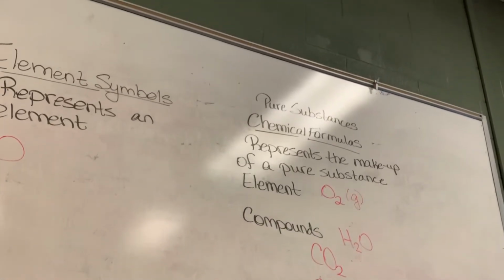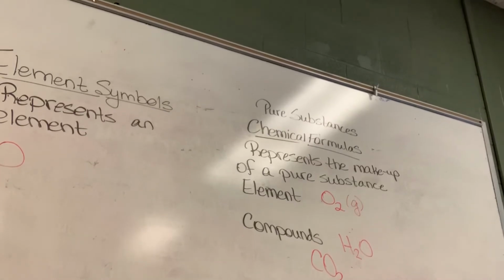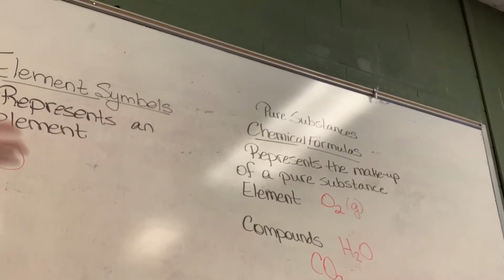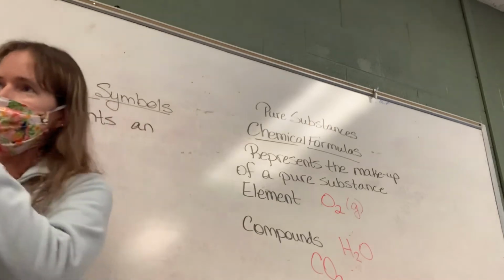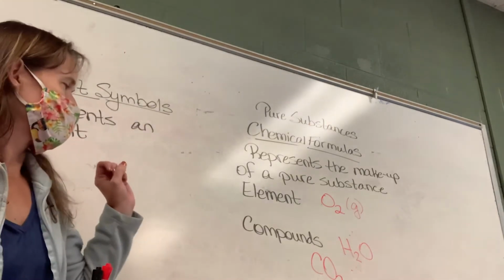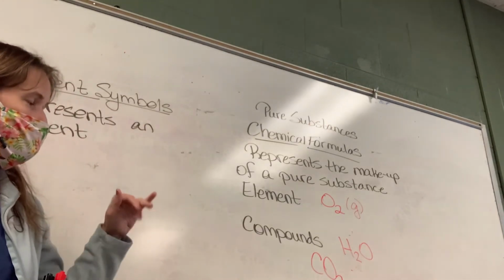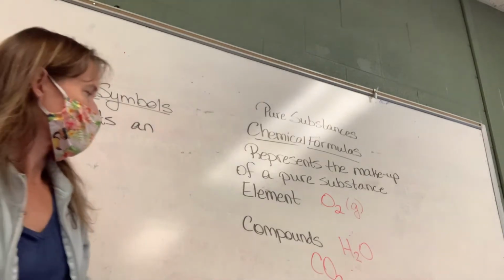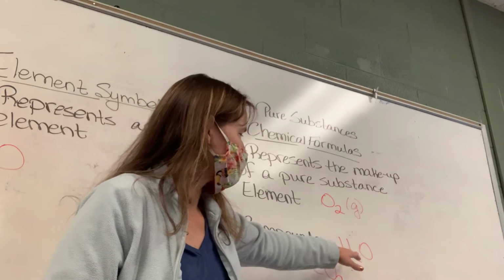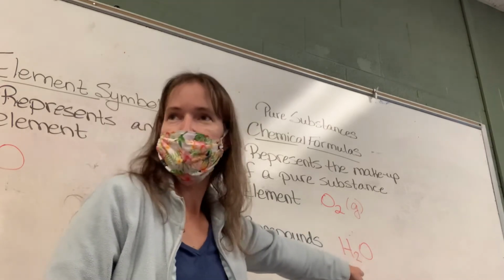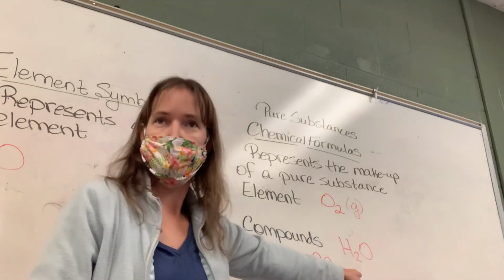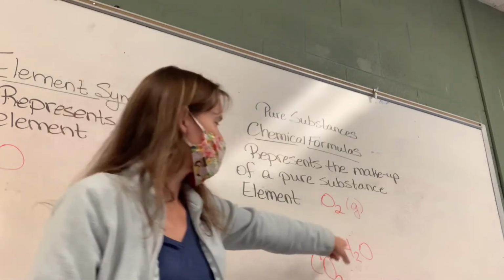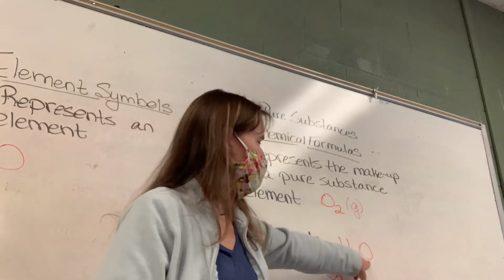Okay. So in a formula, if it's a compound, by definition, back from the pure substances stuff, a compound is something that contains two or more different elements, and there is a number or a defined ratio or a set number. And so that means there's two hydrogens and one oxygen.